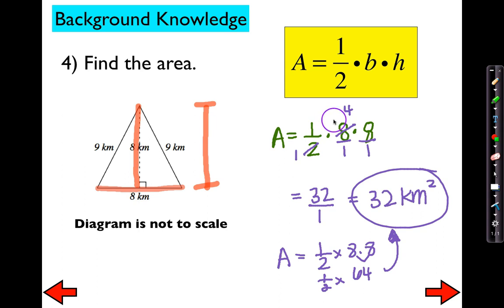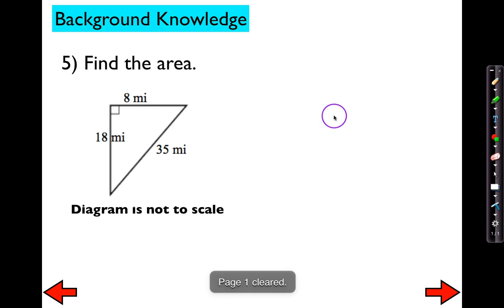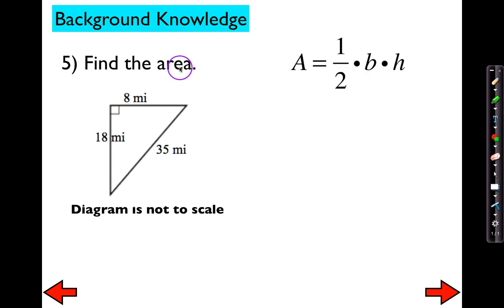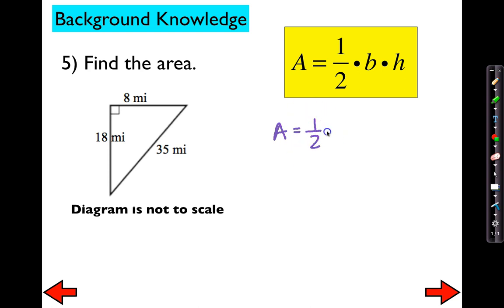Okay, look, we have yet another triangle and it is asking us for area. So let's recall the formula for that is 1/2 base times height. So starting, I'm first going to write down area is going to equal 1/2. That value is not going to change. I'm going to first multiply by the base.